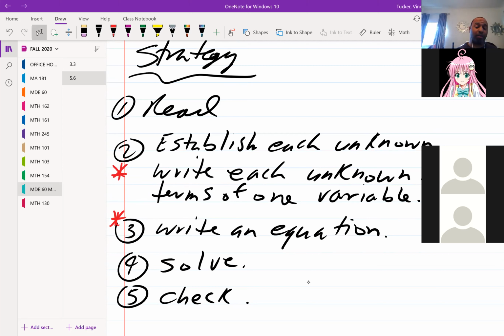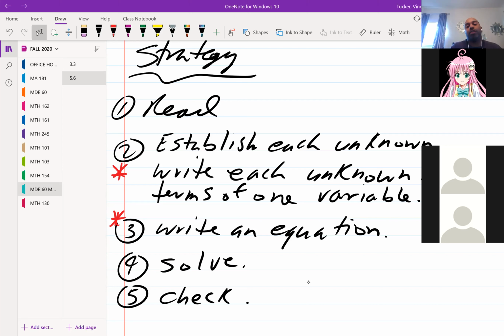Of course, you want to read the problem. Make sure you understand what they're asking of you. Read it as many times as it takes. Nobody knows how long or how many times it took you to read it, so nobody's there in your head with you. So make sure you take all the time you need to understand what they're actually asking of you.